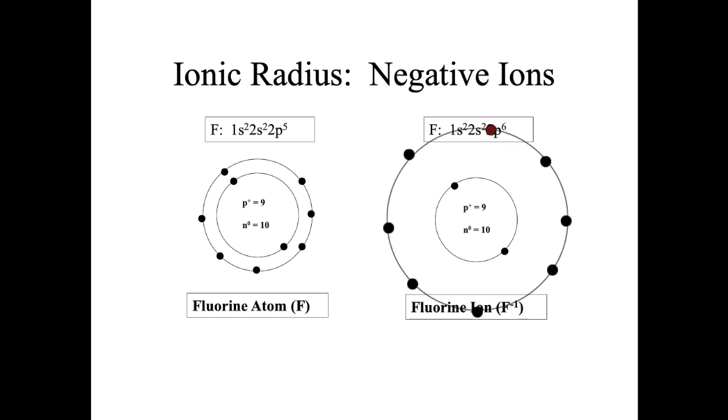Adding another negative charge causes there to be greater repulsion between the other electrons. And that's going to make the electrons move away from each other a little bit more, and thus make the radius of the ion larger. And this is true for pretty much all negatively charged ions. A negative ion is always going to be larger than the neutral atom.